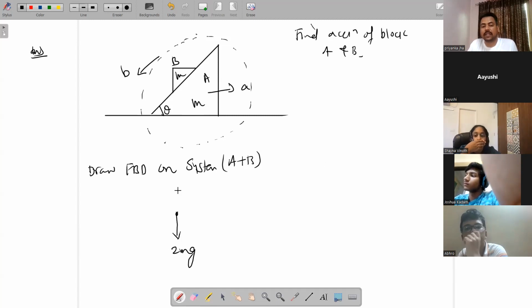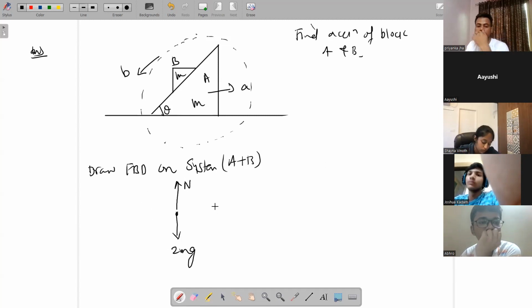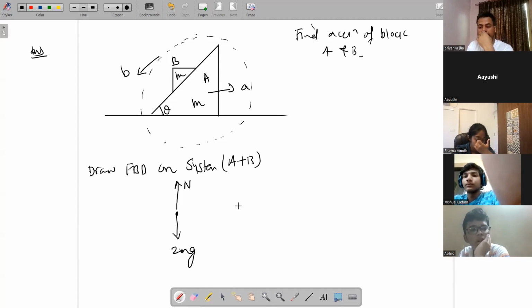There will be one normal reaction from Earth to this system. Now, this system has two accelerations. You can see acceleration A towards right.